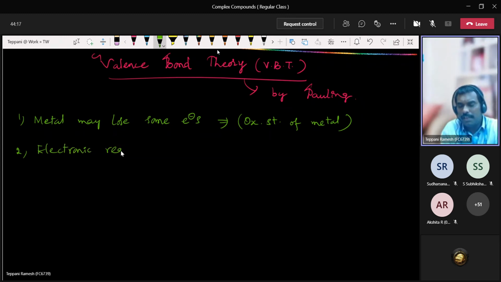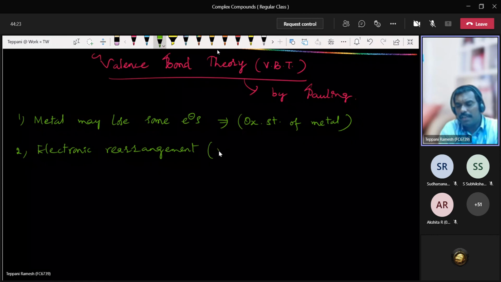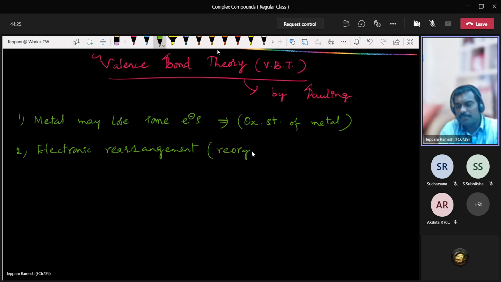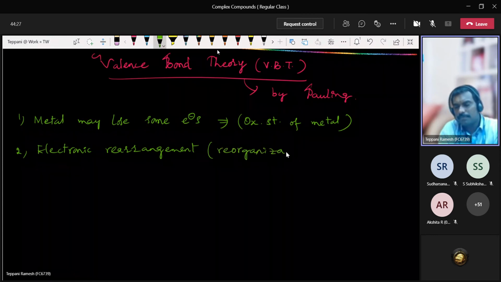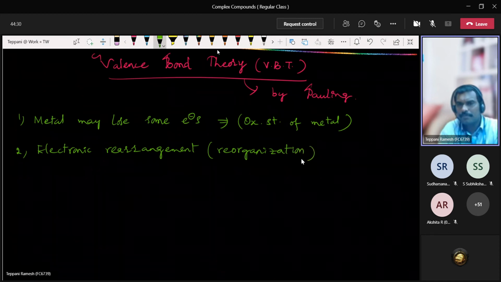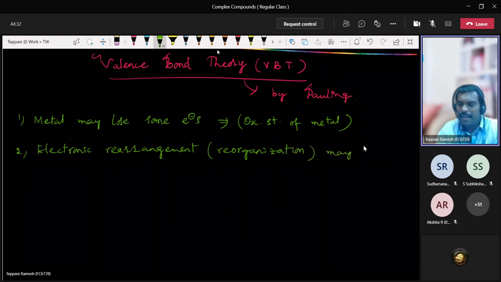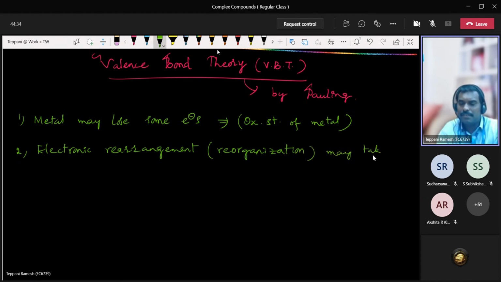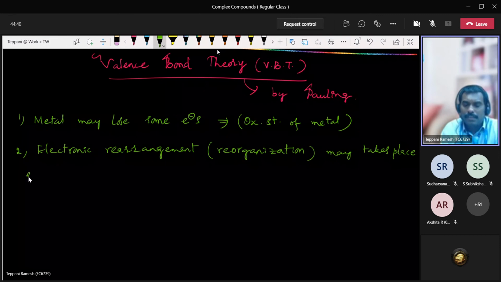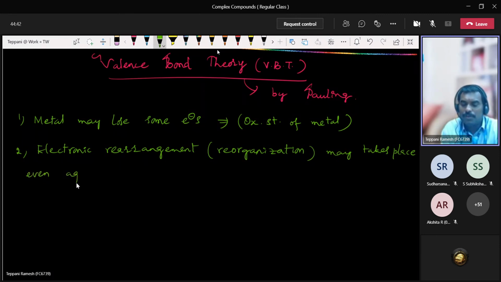Electronic rearrangement or reorganization may take place, even against Hund's rule.